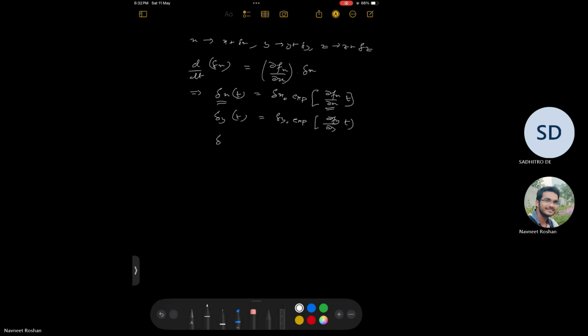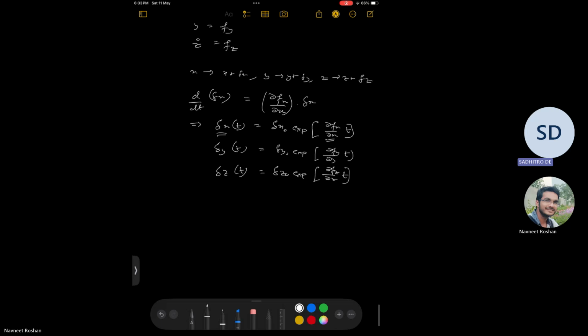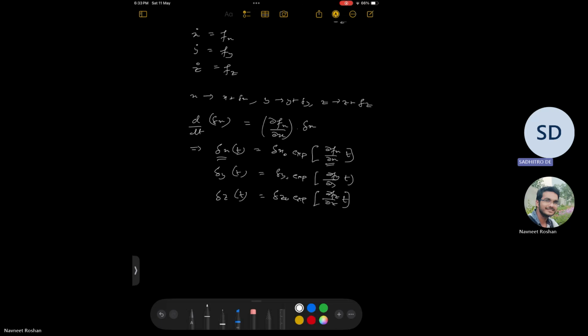and delta z as a function of time, which is delta z naught exponential of del fz del z into t. Okay, so this tells me how the perturbations delta x, delta y, and delta z grow along the three axes or the three different directions.